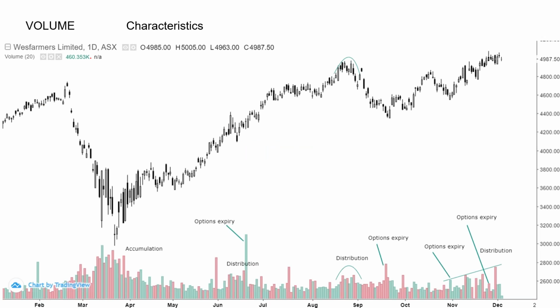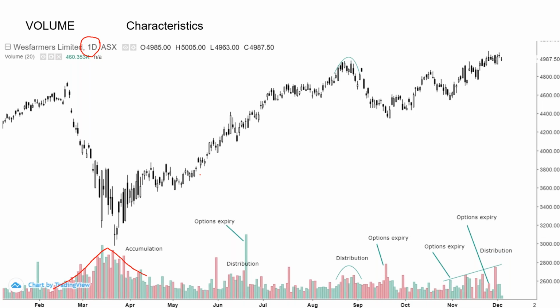And this chart of Wesfarmers, this is a daily chart of Wesfarmers in the February-March period this year, where we saw the markets make this significant corrective move. We saw Wesfarmers move down to the $30 mark down here on extreme, and volume was increasing as the stock was being accumulated. And then as the market started to move, that accumulation stopped.